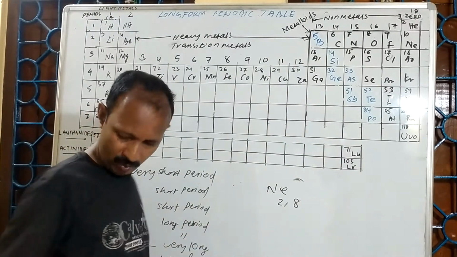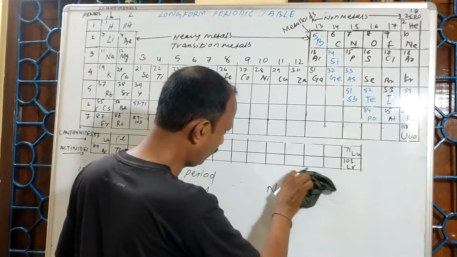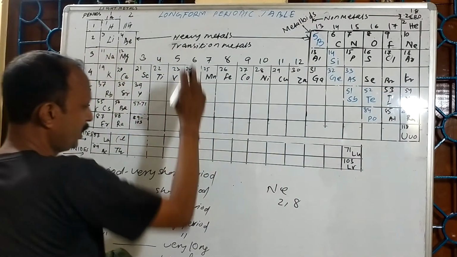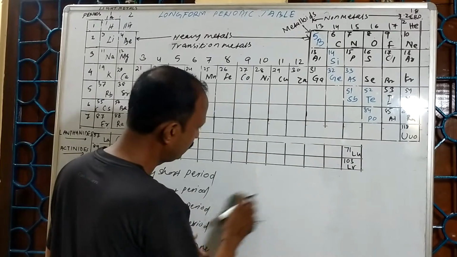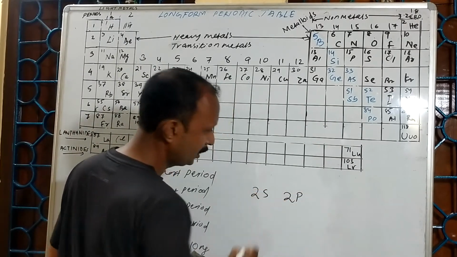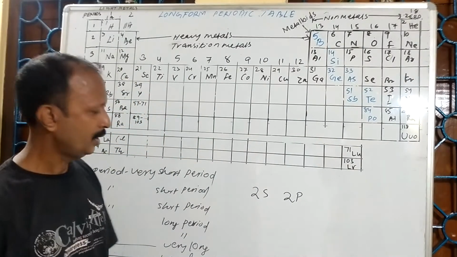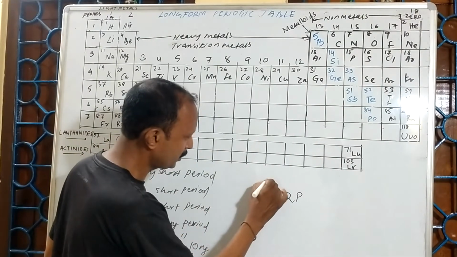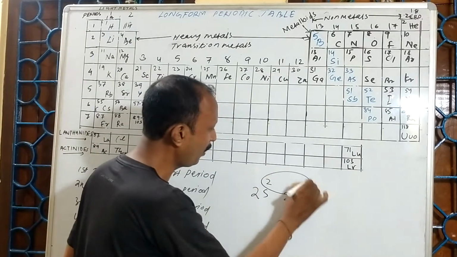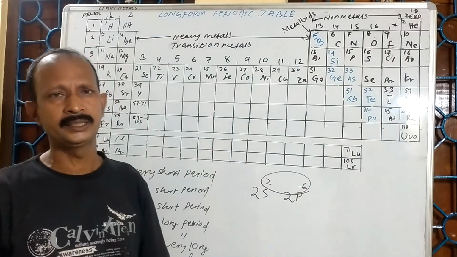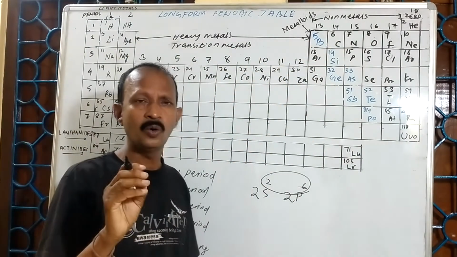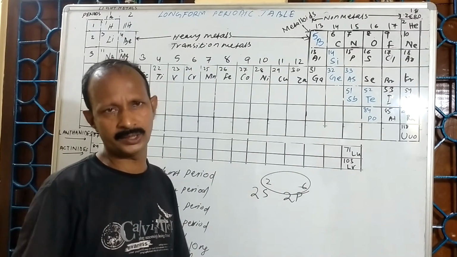If I write the electronic configuration of neon in the form of subcells, this is the second period, so its subcells are 2s, 2p. Here the s capacity is 2, the p capacity is 6. This 2 plus 6 is equal to 8. That means the second period contains only 8 elements.